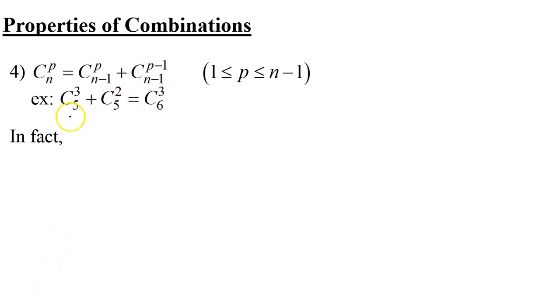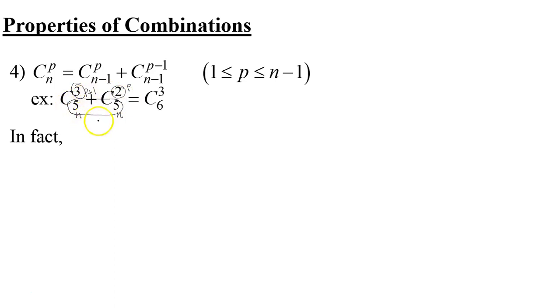To try to understand the formula a little bit, we could look at this example. You'd notice that I'm adding two combinations with the same total number of objects. If this is n, then we look at the total number of selections for each. If this is p, then this is p plus 1.